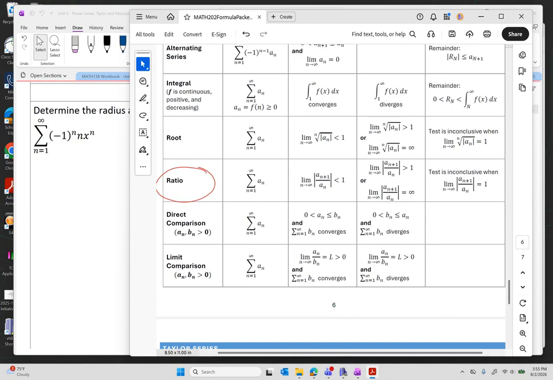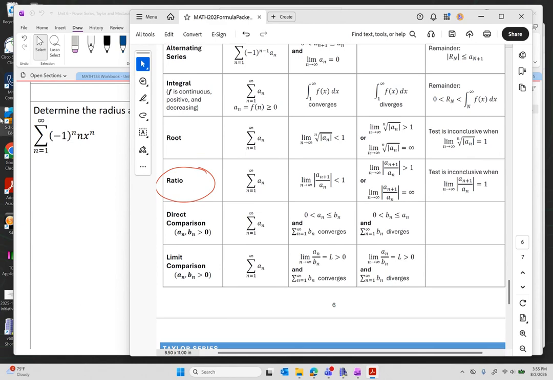And the series will converge when that limit is less than 1. It will diverge when that limit is greater than 1 or infinity, and when the limit is equal to 1, the ratio test itself is inconclusive, and we will have to use some other test to check the series that are generated at the endpoints of that interval.